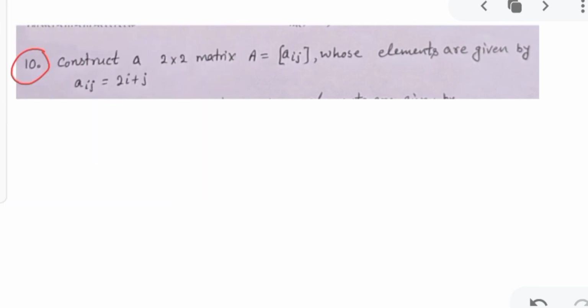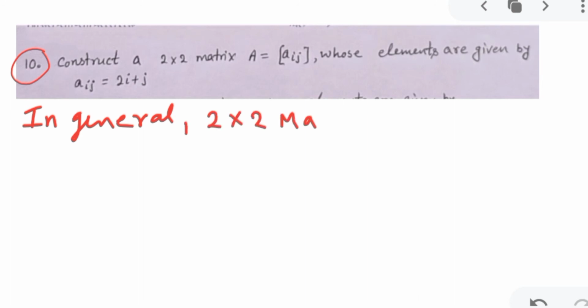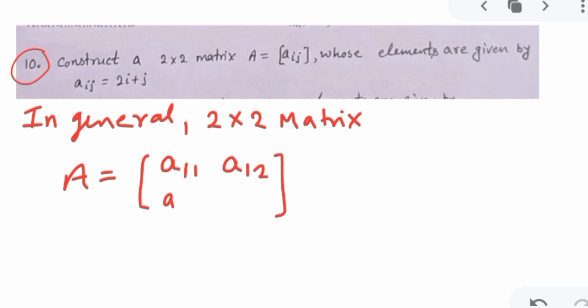In general, if I give the name of the matrix as A, then I will write: first row, first column, first row, second column, second row, first column, second row, second column. So I can write a 2 cross 2 matrix like this.